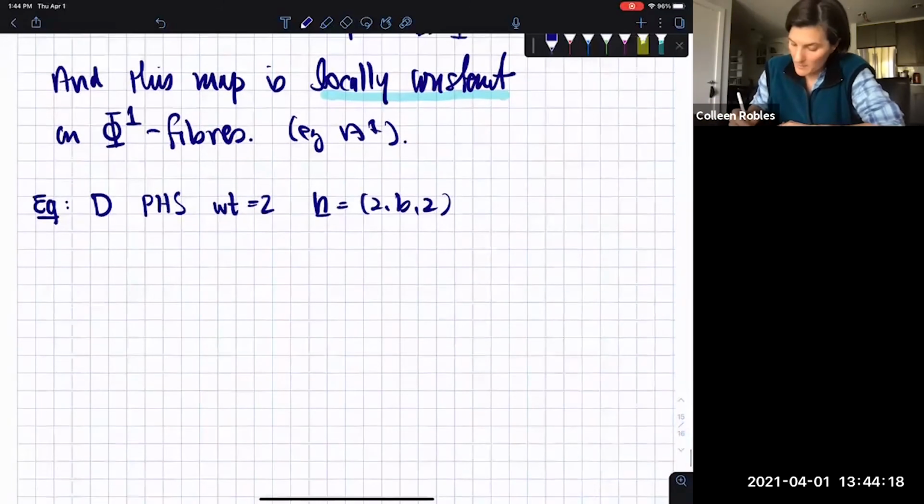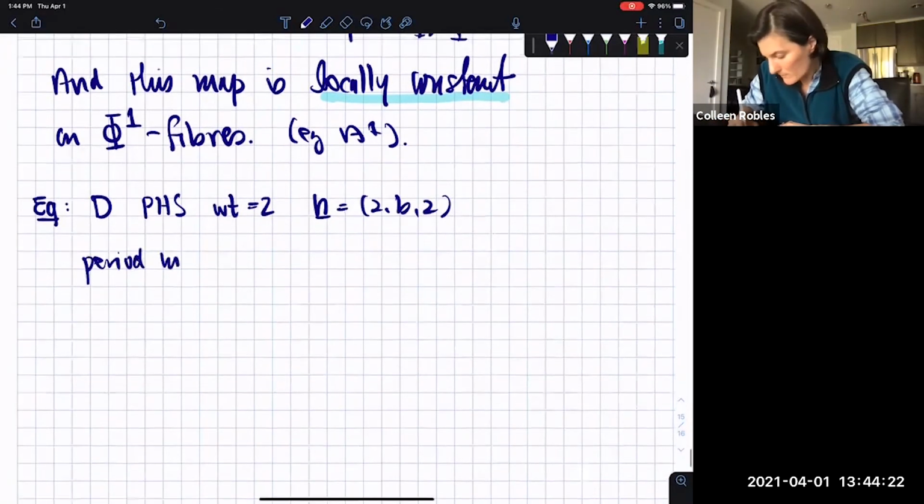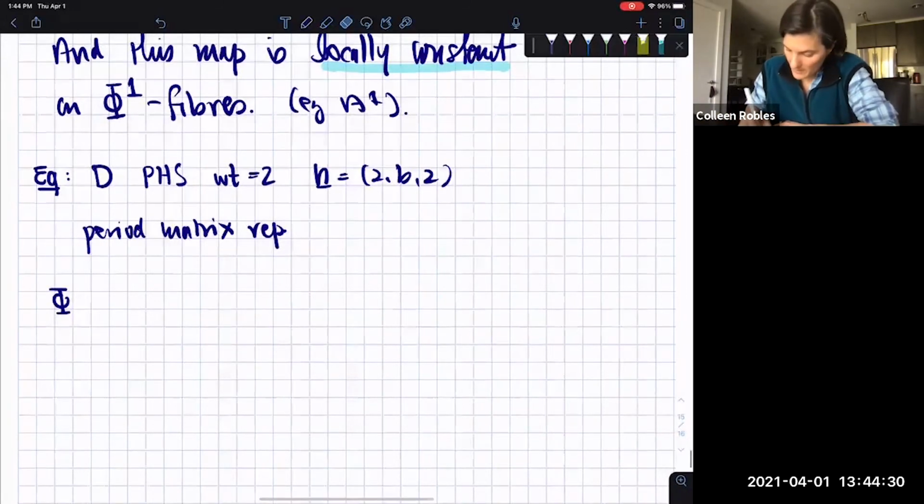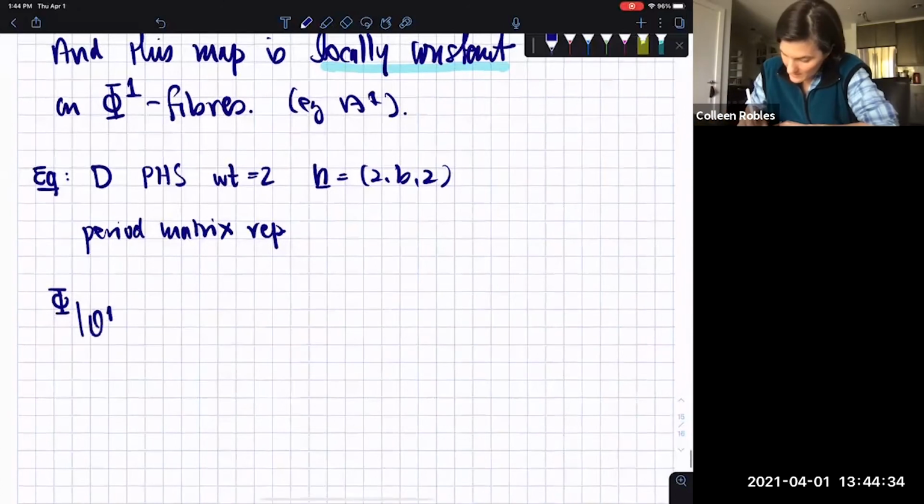And we talked about a period matrix representation, which I will just write as phi, but maybe to be very careful, we should restrict this to this punctured neighborhood of the phi1 fiber, where I want to make some statements.